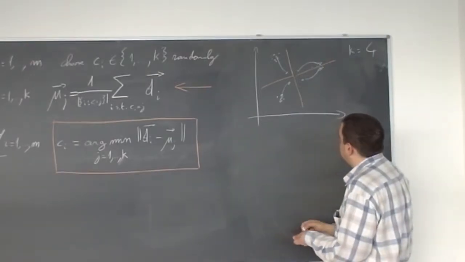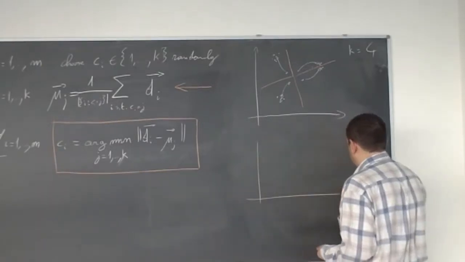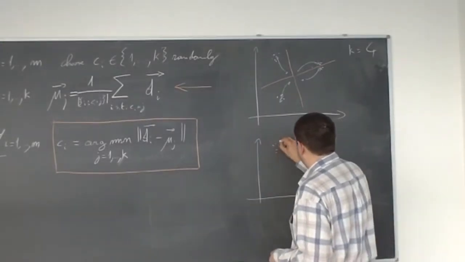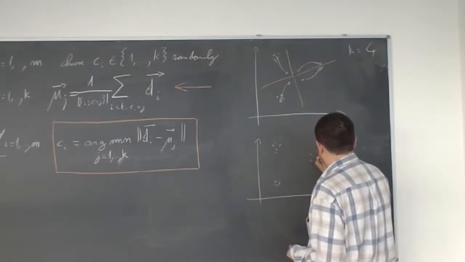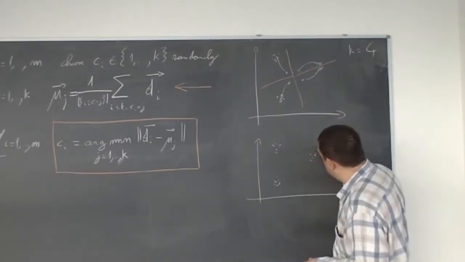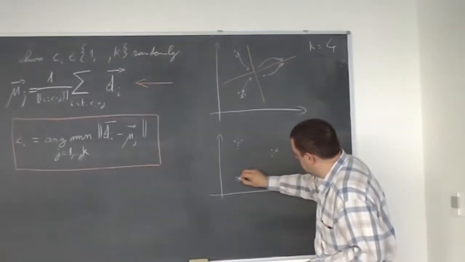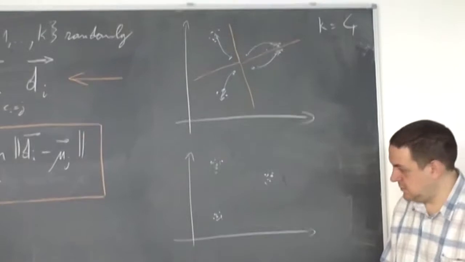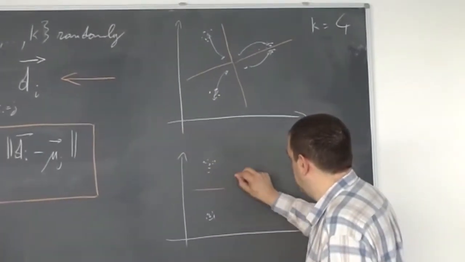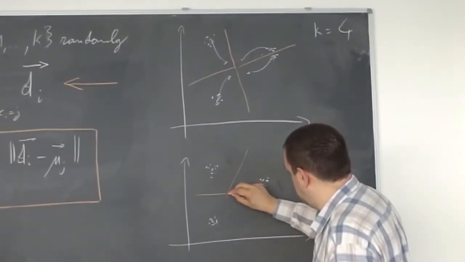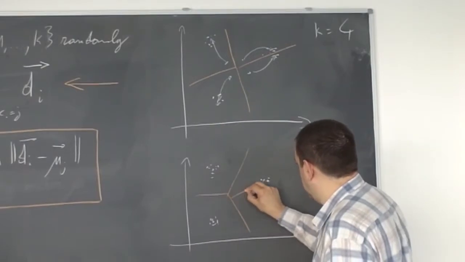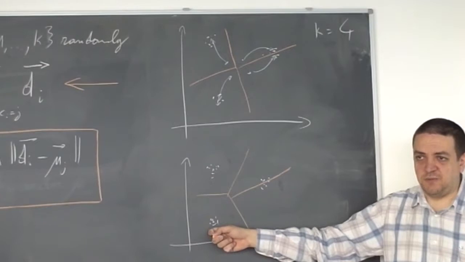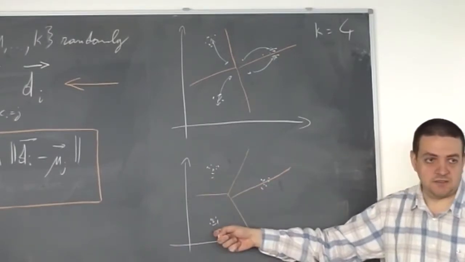At the next step, the situation will actually become stable, because once the representatives are like this, these two representatives will be stable at their own clusters.